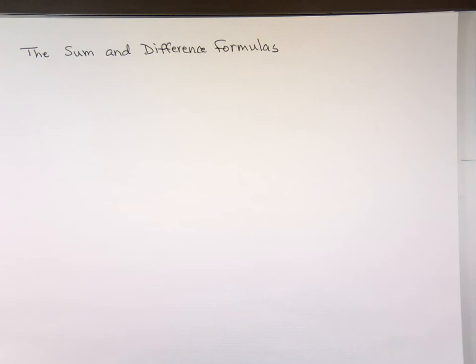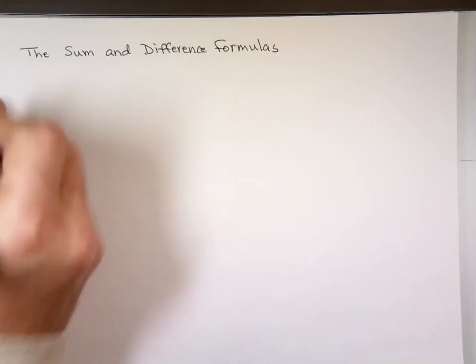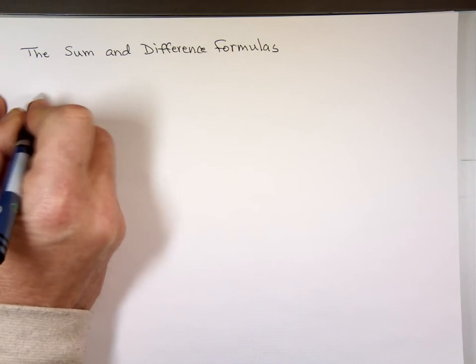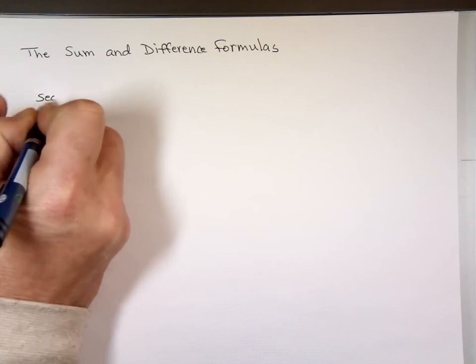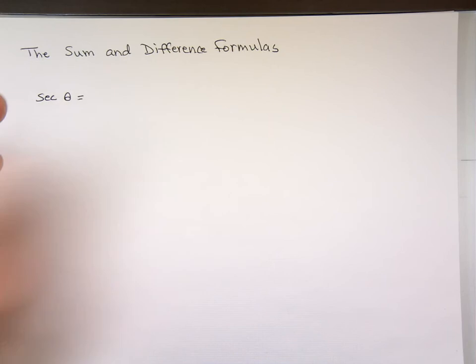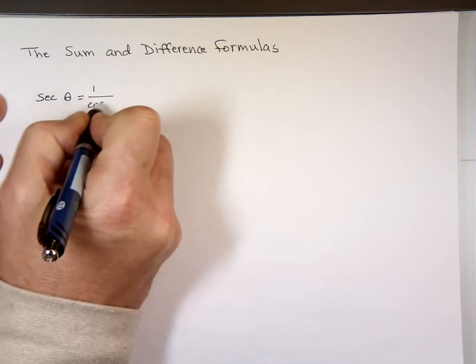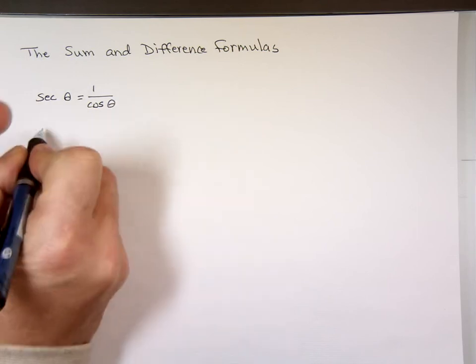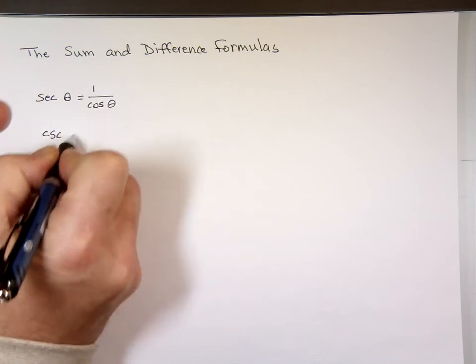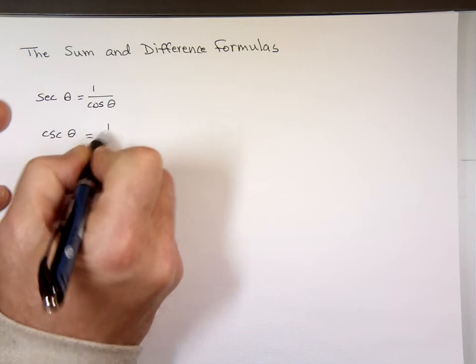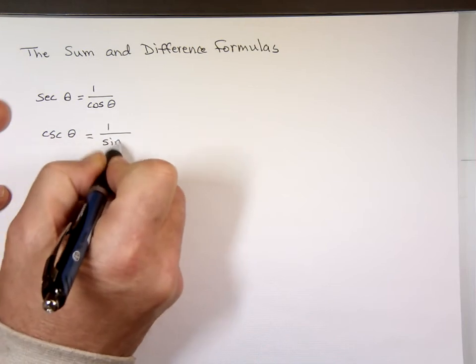In addition to all the trig identities that we did last class, just quickly, I'll go back and refresh your memory. Last class we said make sure you know that what? Secant theta is equal to what? 1 over cosine theta. Cosecant theta is equal to 1 over sine theta.